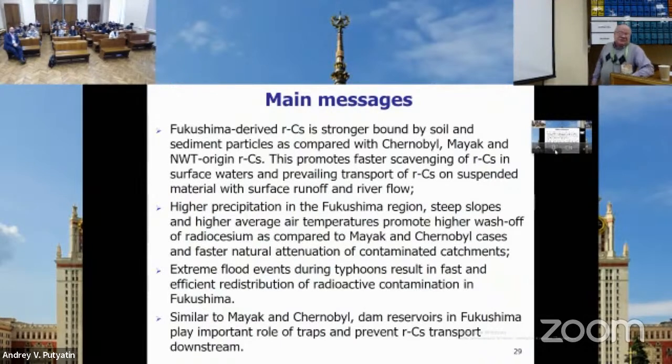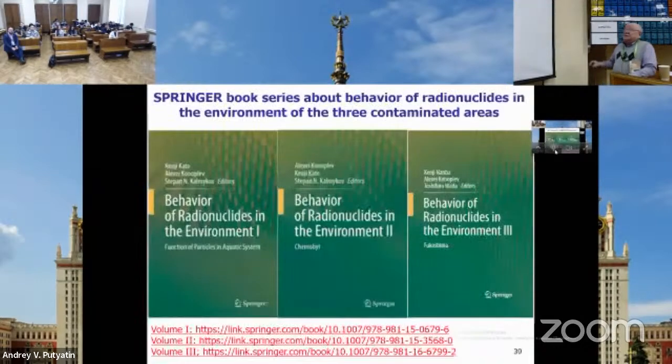Higher precipitation in the Fukushima region, steep slopes and higher average air temperatures promote higher wash-off of radiocesium as compared to Mayak and Chernobyl cases, and faster natural attenuation of contaminated catchments. Extreme flood events during typhoons result in fast and efficient redistribution of radioactive contamination in Fukushima. Similar to Mayak and Chernobyl, dam reservoirs in Fukushima play an important role as traps and prevent radiocesium transport downstream.